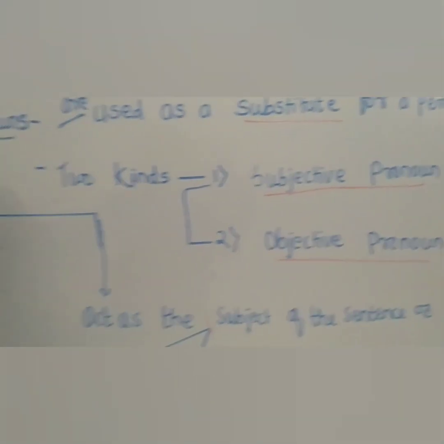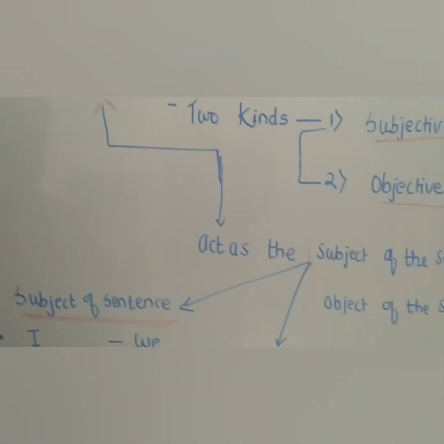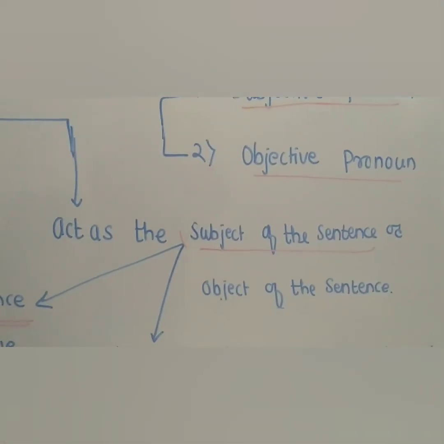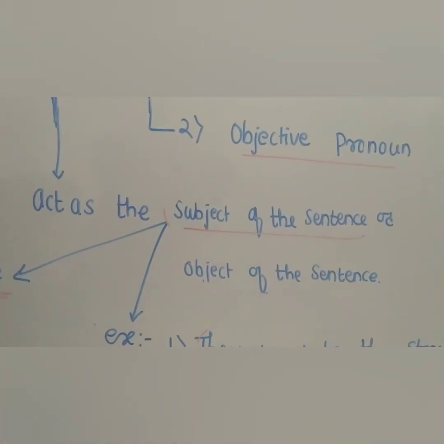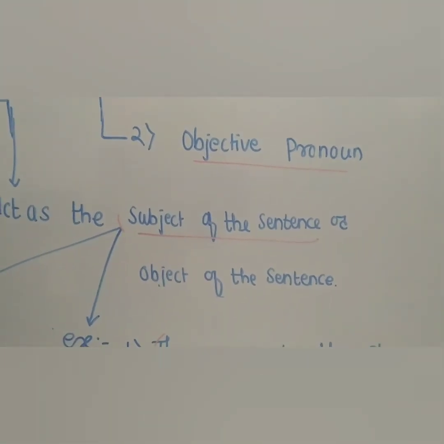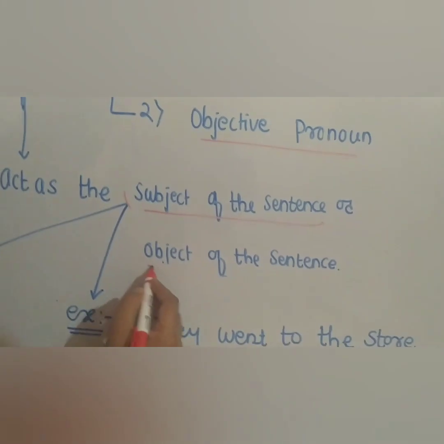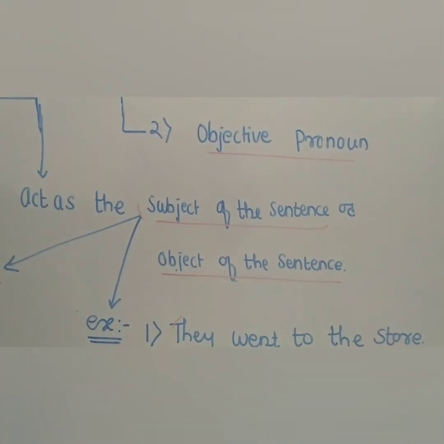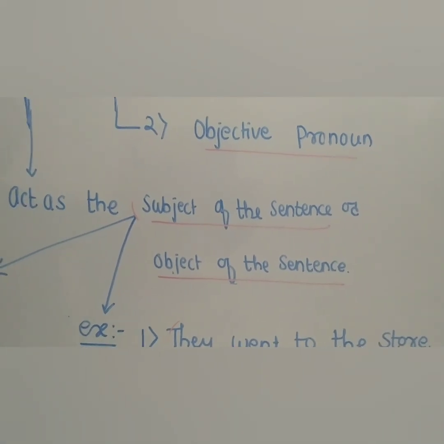These personal pronouns act as the subject of the sentence, meaning the word which takes the first place in the sentence, or as the object of the sentence. This is the role pronouns play in the sentence.